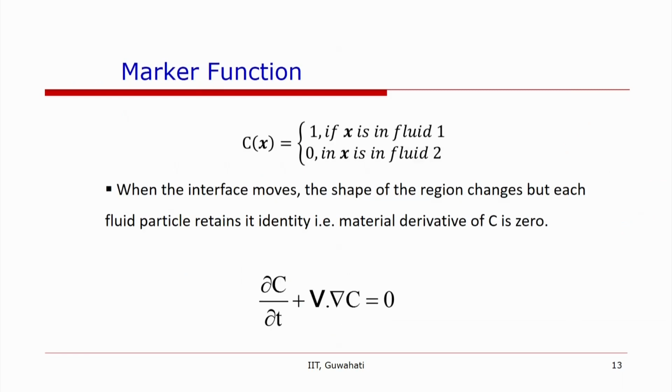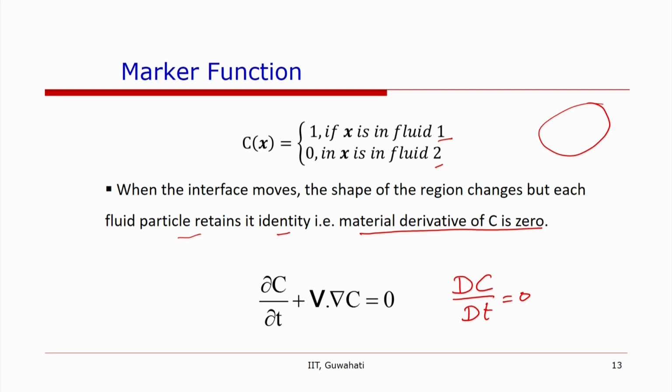So let us look at the Markon function. The Markon function has one value, 1, in one fluid and 0 in another fluid. When the interface moves, the shape of the region changes, but each fluid particle has its identity. That means its material derivative is 0. That is why we have del C over del T plus V dot del C, or dC by dt, is equal to 0. So that is one more equation.